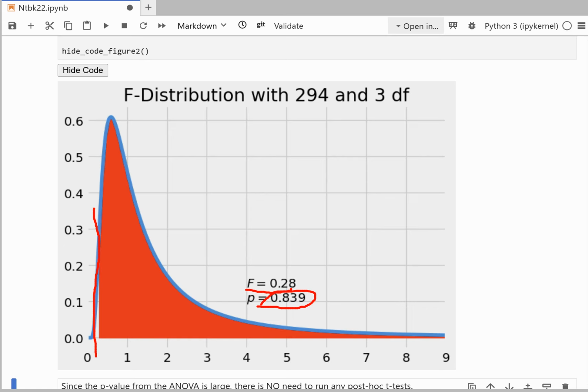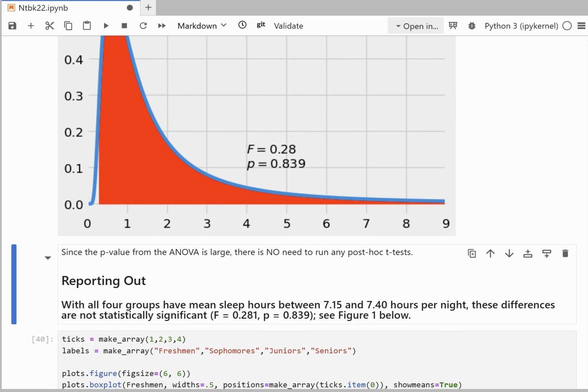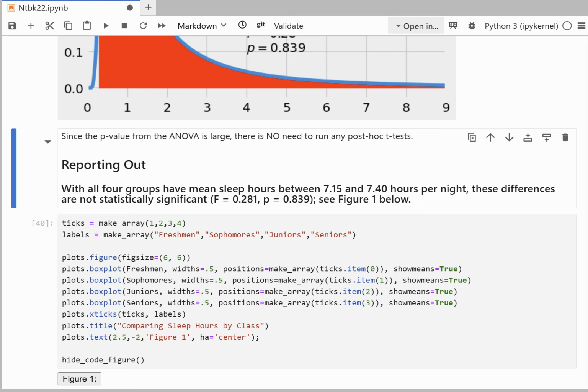Okay, and they do the reporting out. Notice that they also say not statistically significant, where we said failed to reject the null. So reject the null and statistically significant are synonyms, and so are fail to reject and not statistically significant.